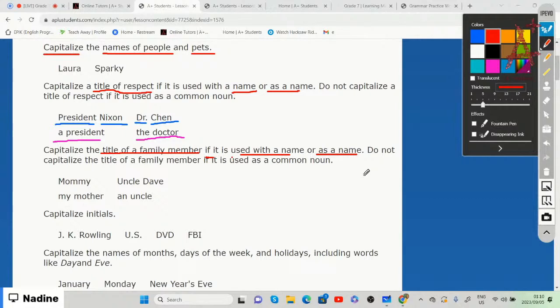So if you just say Mommy or Uncle Dave, you're making mention of Uncle Dave, specifying, then we capitalize it. But if you are generalizing, instead of saying Uncle Dave you're saying an uncle, or my uncle, then we write that in lower case.